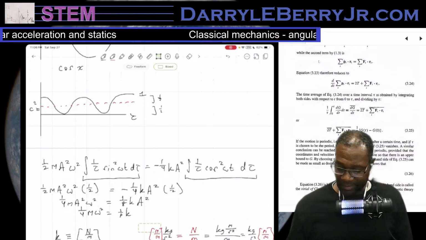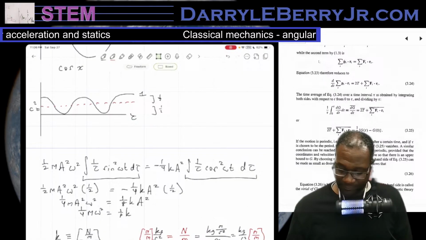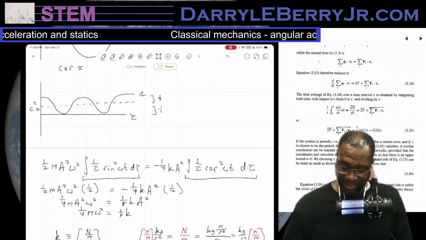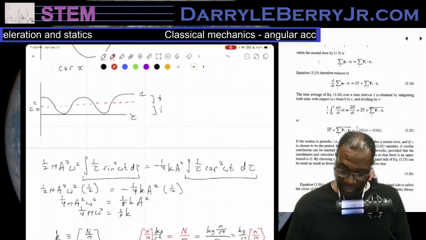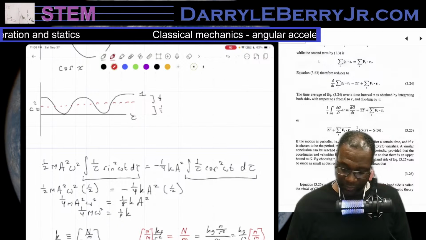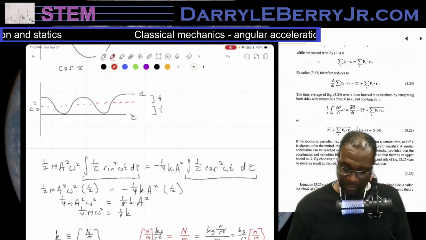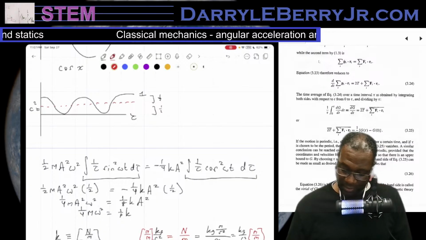All right. So looking at this, what this means is that K. So let me actually write the units here. So M omega squared is going to be kilograms radians per second squared, and K is going to be kilograms per second squared.